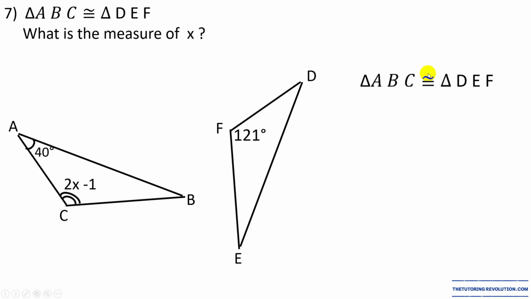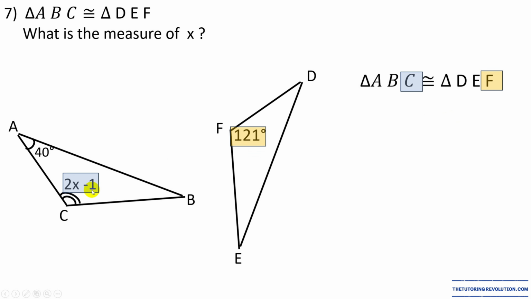Triangle ABC is congruent with triangle DEF. And again, we want to find out angle C. Right? Angle C will be the same or congruent with angle F, which is 121.